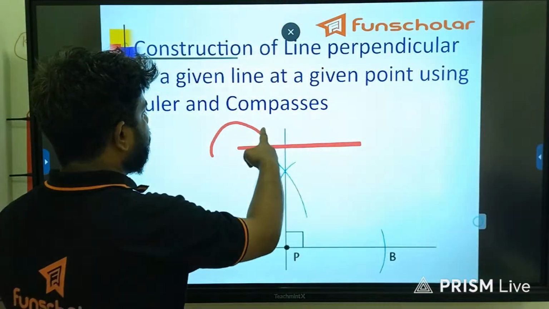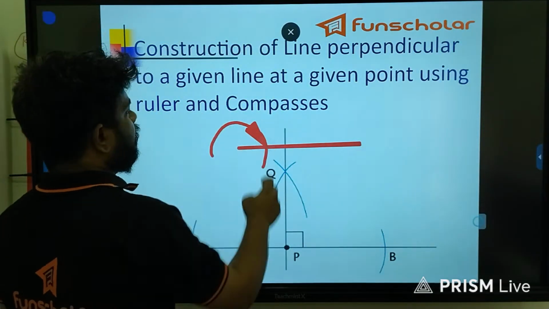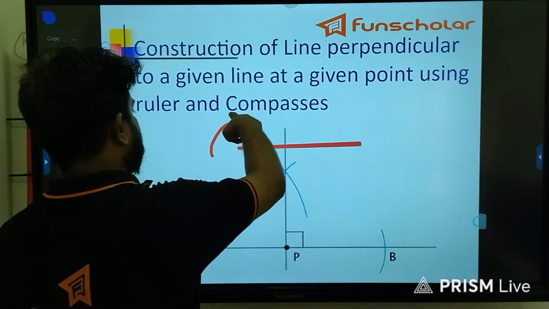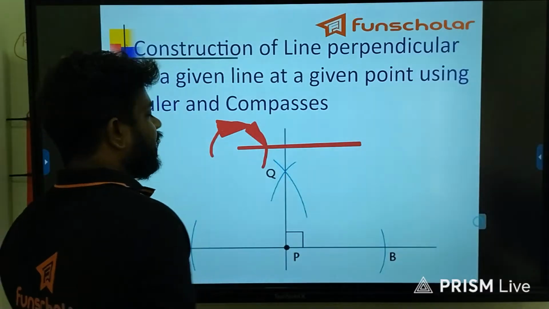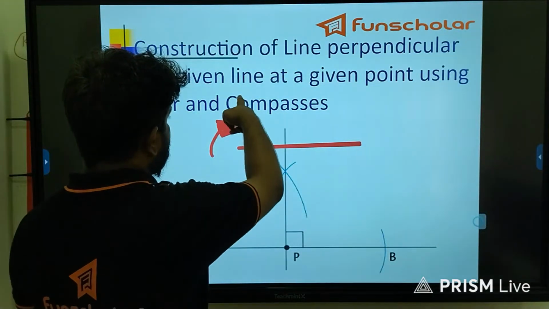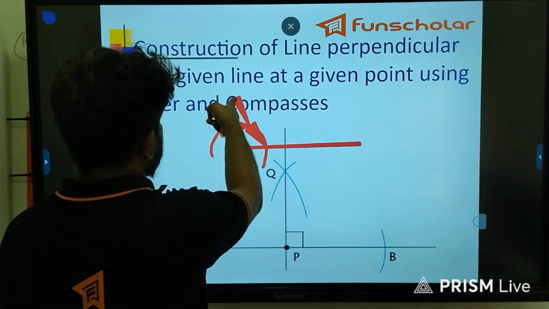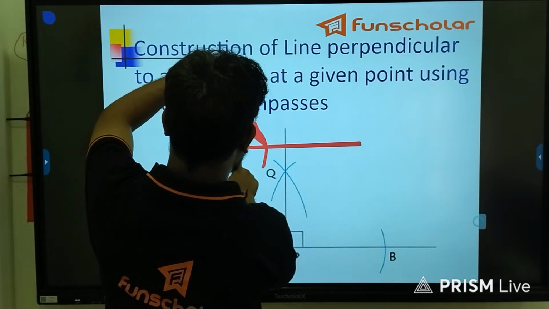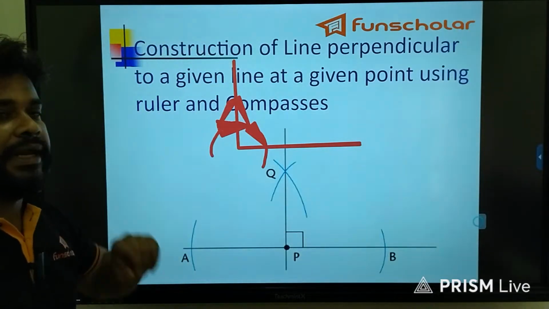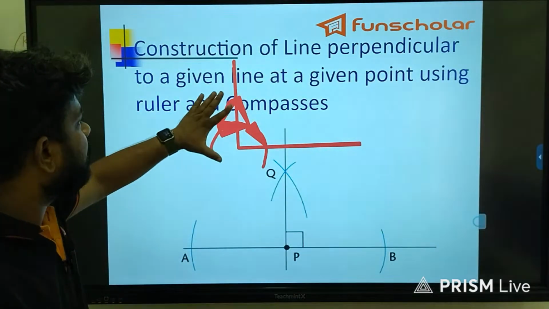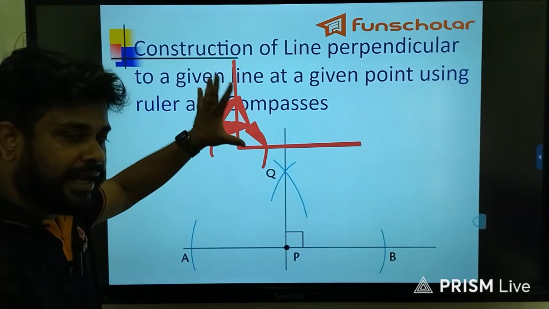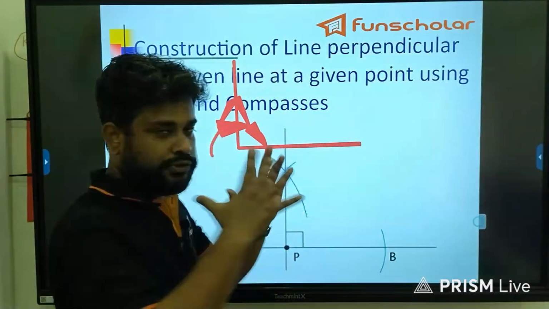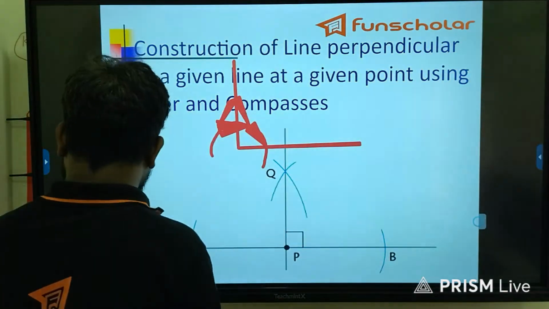The next step will be putting the same pencil compass and drawing the arc here, and the third step will be drawing an arc here. With the same measurement, take it here and take it again here. Now join these two lines and you will be getting a right angle, or the perpendicular which you are asked to find. Okay, so it's been done.